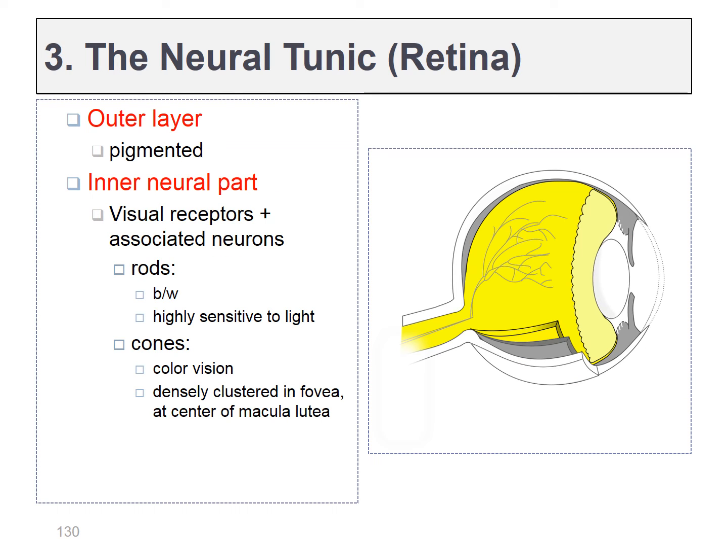The innermost portion is the neural tunic, which includes the retina and an outer pigmented layer. Let's start with the pigmented layer. This is a thin layer of cells that produce melanin. The function of melanin in our skin, of course, was to absorb UV light.